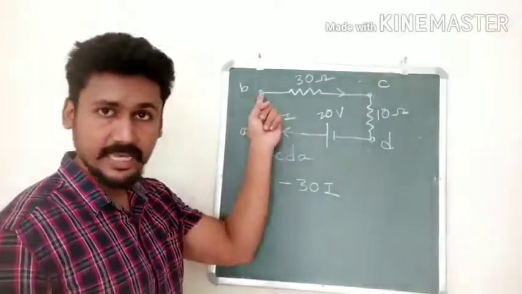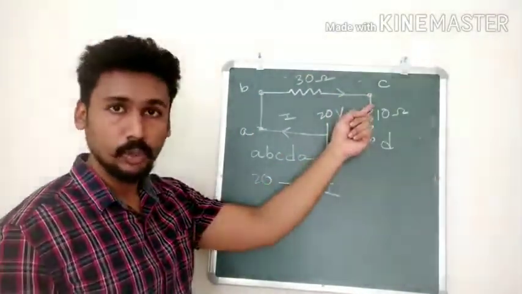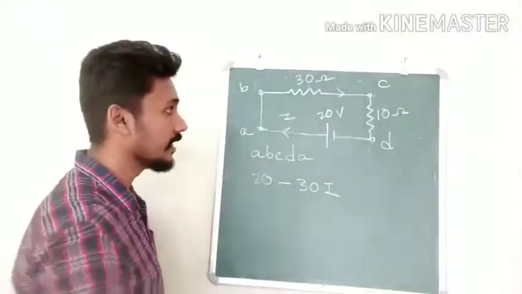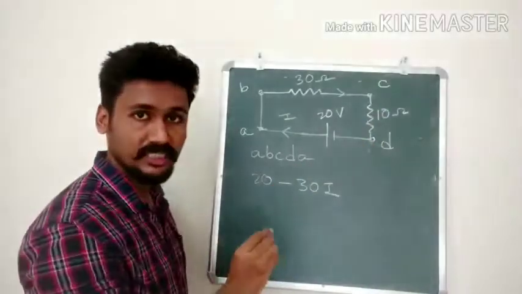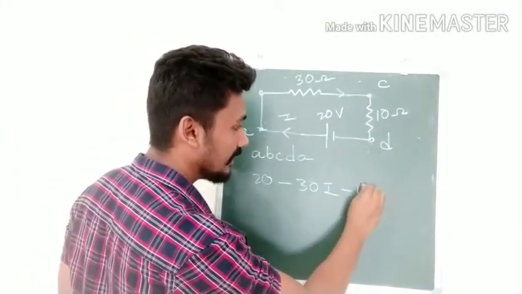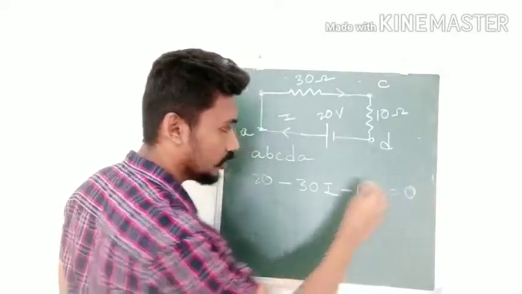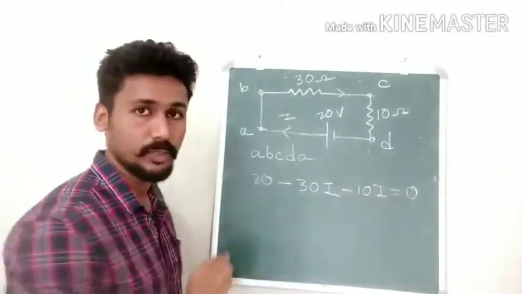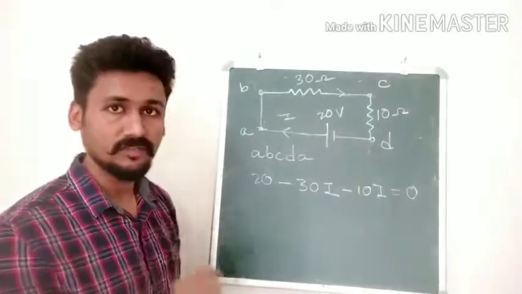Right? B was at a higher potential and C is at a lower potential. Thereby you will notice change in potential is minus 30I. Then from C to D, how much is the change in potential? That you will now immediately say it is minus 10I, and this will be equal to 0. The sum of all the potential drops will be equal to 0. This is the Kirchhoff's loop rule.